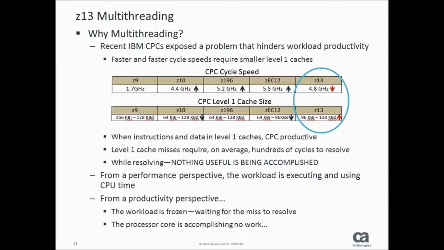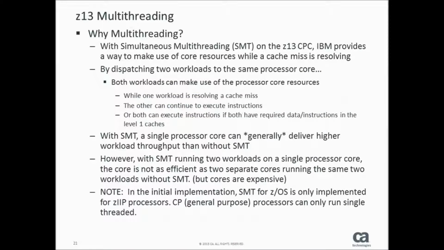So you're clicking along, every cycle you're getting work done, then you have a miss. Your workload is basically frozen. From a performance perspective, it looks like you're still running, but the machine is actually searching for the data or instruction, and the workload is just a zombie. It's not getting anything done.